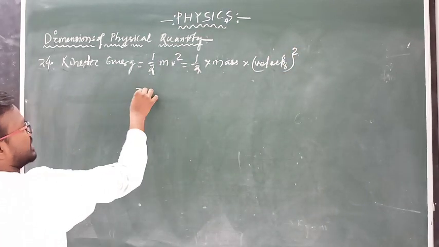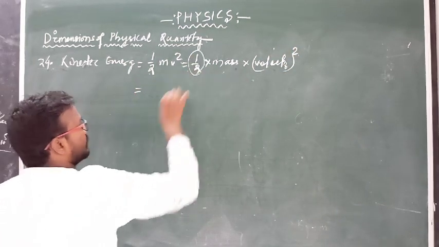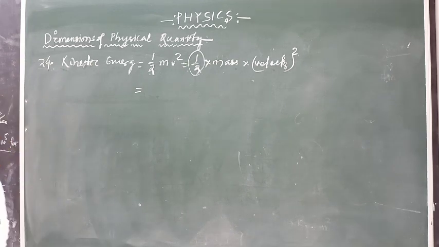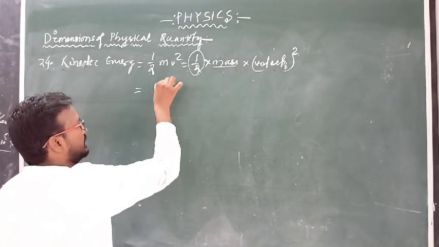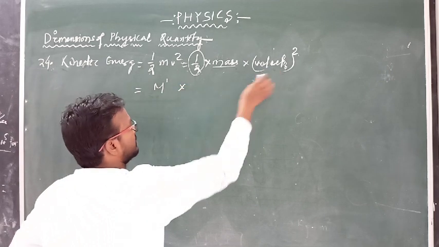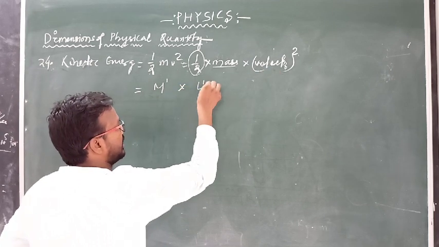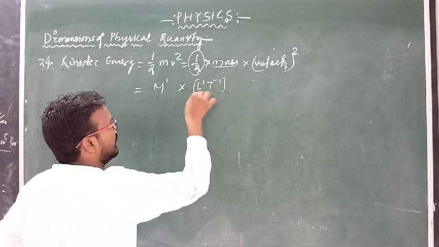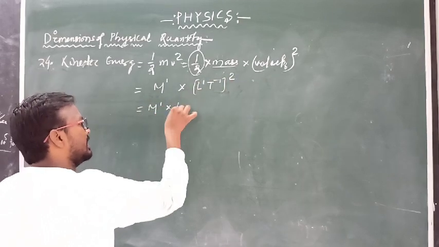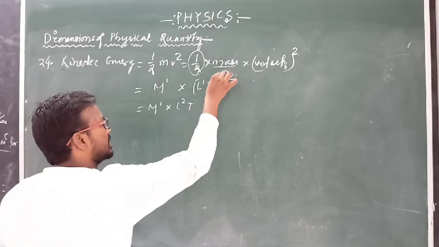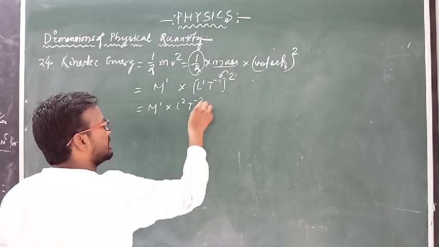Here 1/2 is a constant quantity and it doesn't possess any dimension, so we write the dimension of mass, that is M1, into velocity square, and its dimension is L1 T minus 1, whole square.